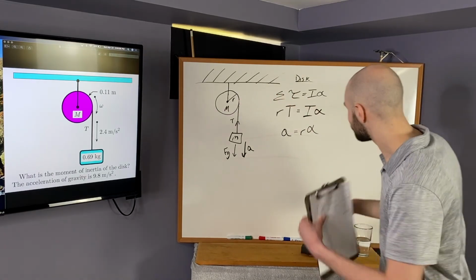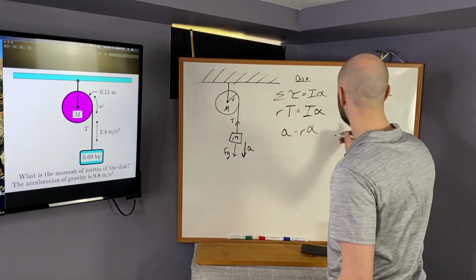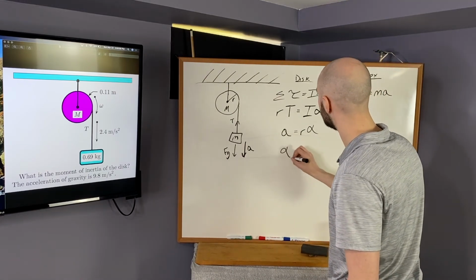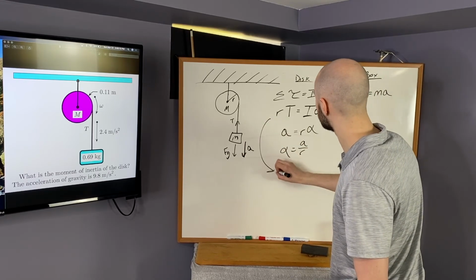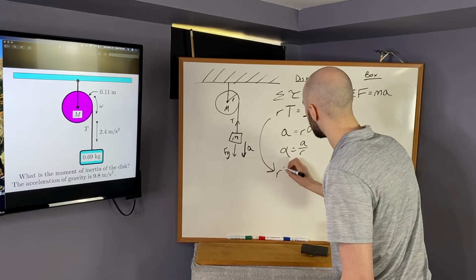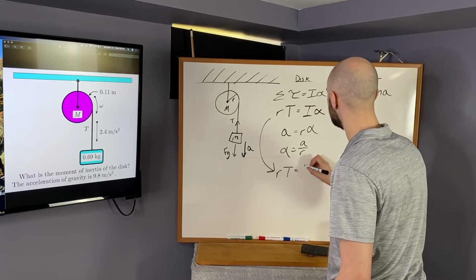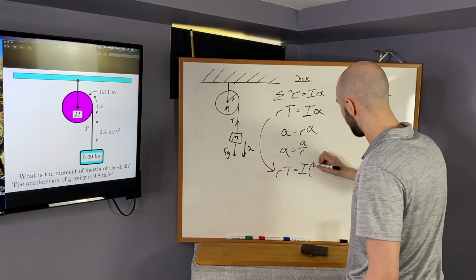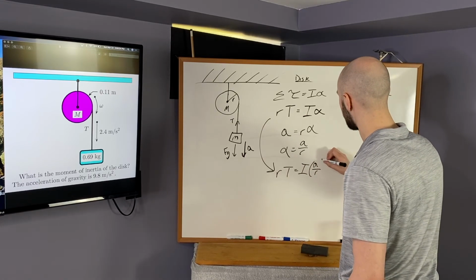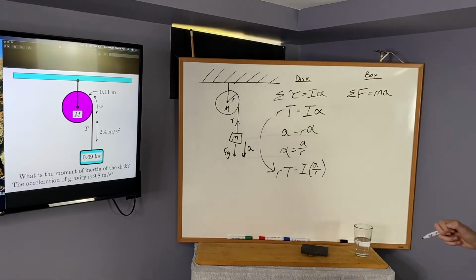Good. All right, so we could find an expression here for alpha. Say that alpha is equal to a over R. Now we could say that RT is equal to I times a over R.